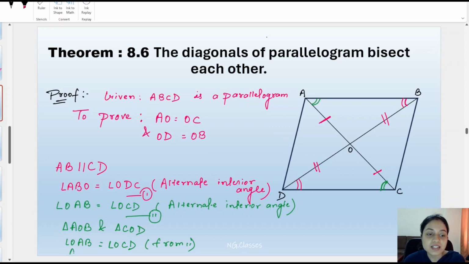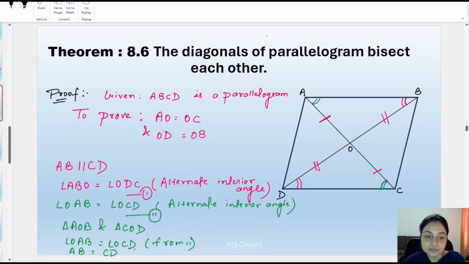So let's write it: side AB is equal to side CD. It is already given in the theorem. And also we can see in triangle AOB, angle ABO is equal to angle ODC from equation 1.